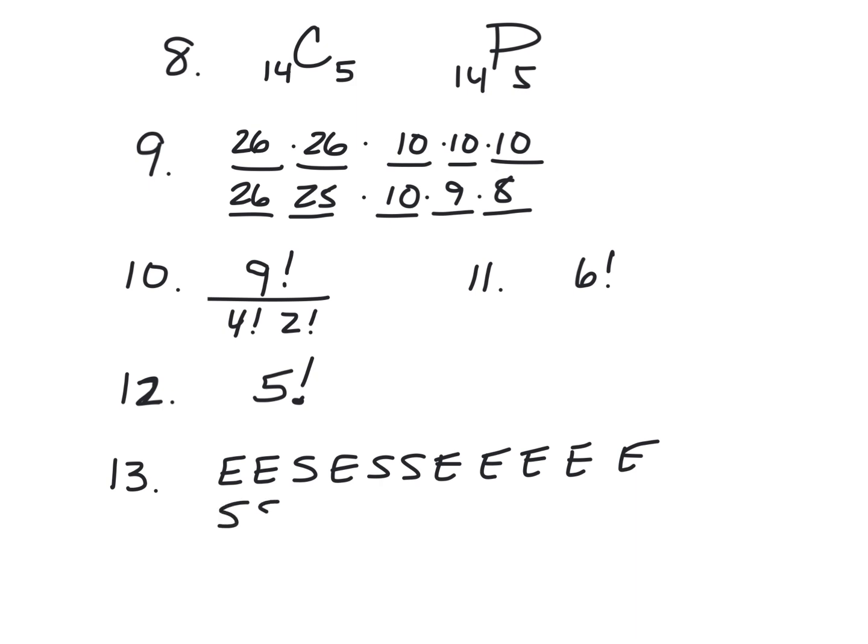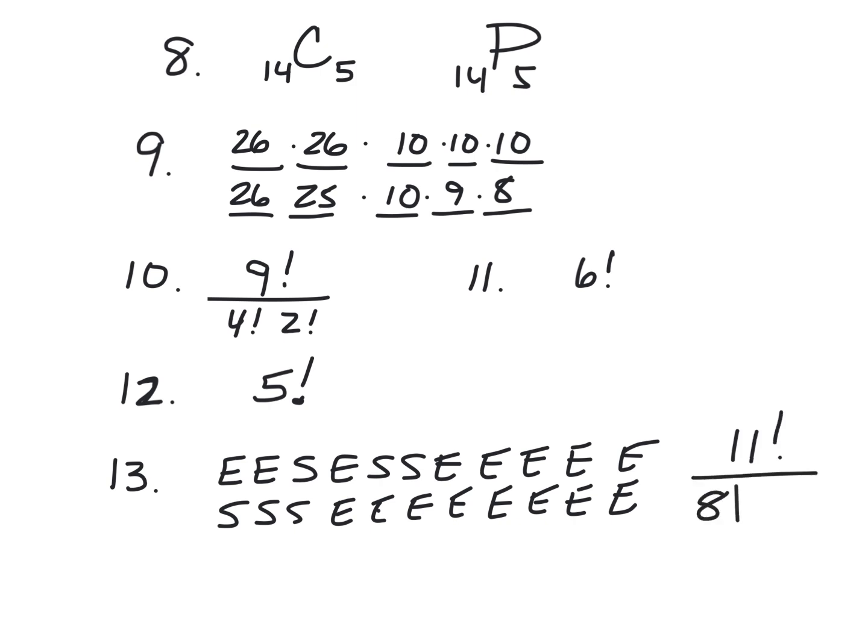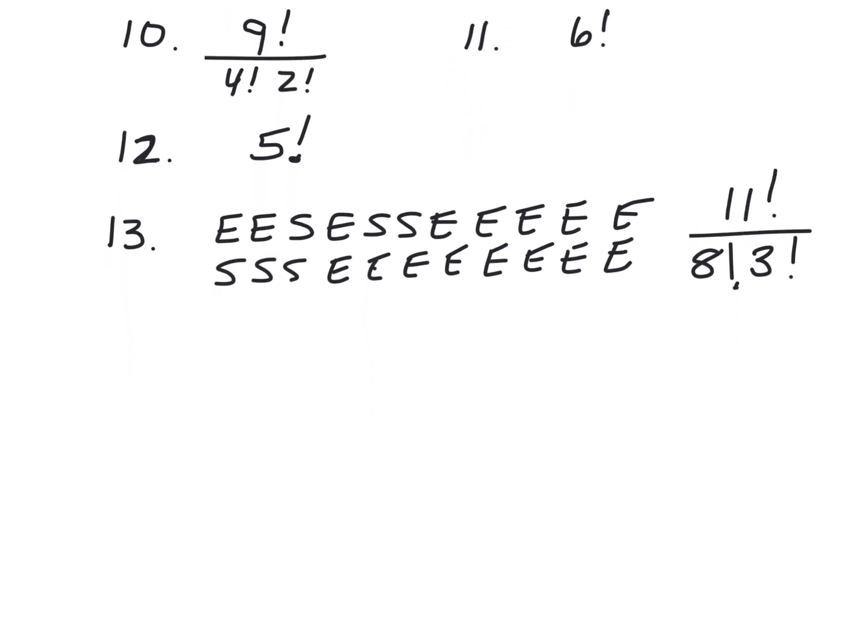You could go south, south, south, and then a whole bunch of easts until you're in the corner. But this is a permutation with repetition. So we have 11 total letters. I've got 8 E's and 3 S's. So 11 factorial divided by 8 factorial divided by 3 factorial.